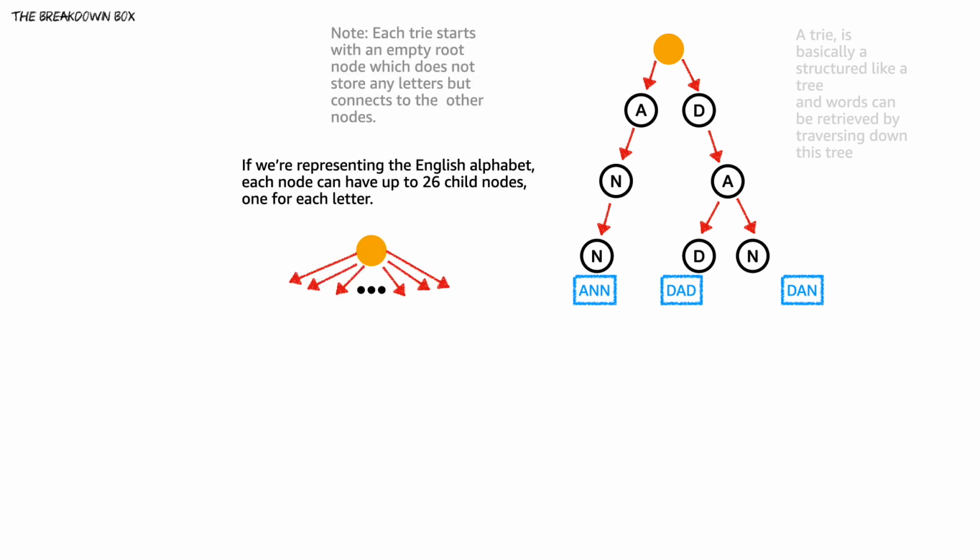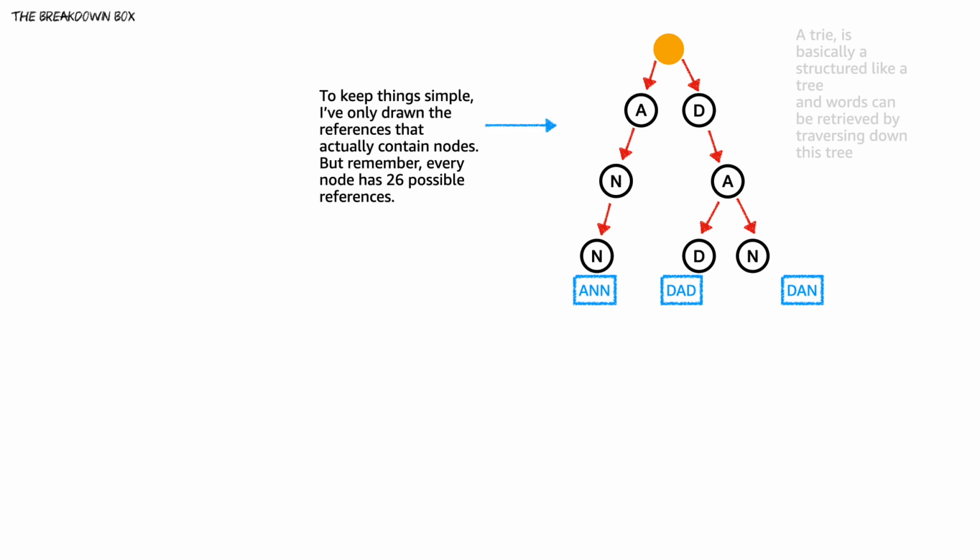If we are representing the English alphabet, each node can have up to 26 child nodes, one for each letter. To keep things simple, I have only drawn the references that actually contain nodes. But remember, every node has 26 possible references.